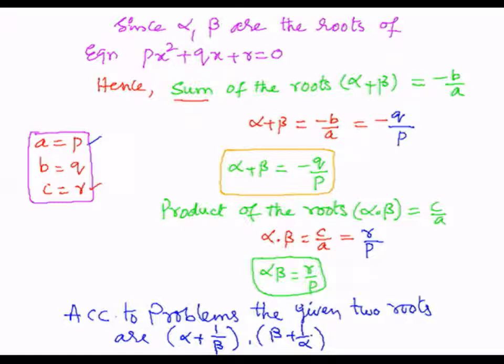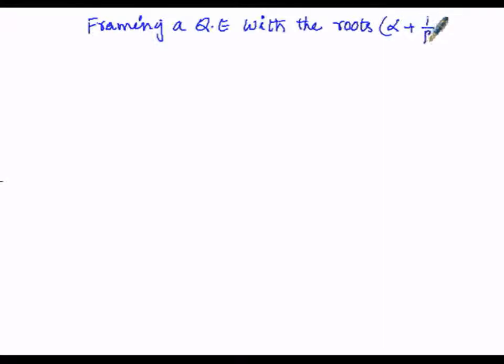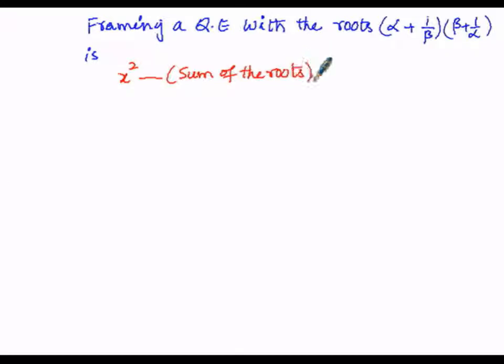So here, framing a quadratic equation with the roots, one is alpha plus 1 by beta, the other is beta plus 1 by alpha, is x square minus sum of the roots into x plus product of the roots is equal to 0.